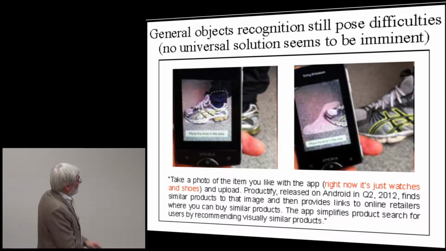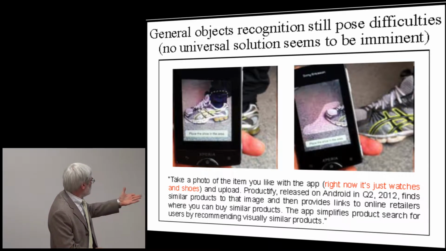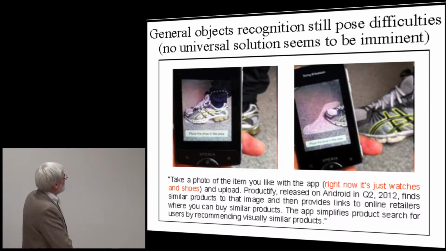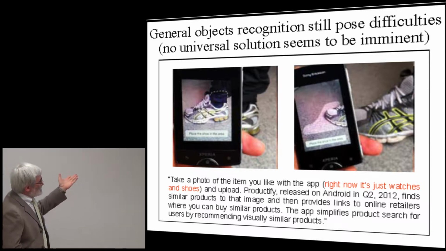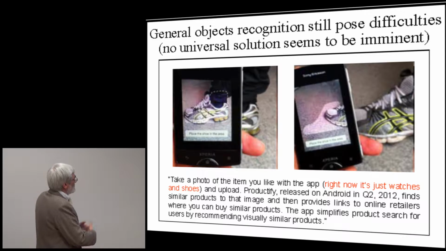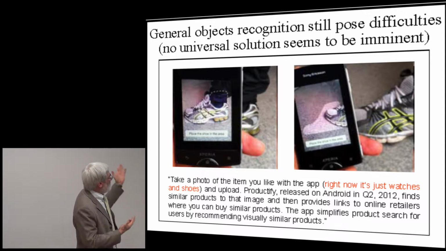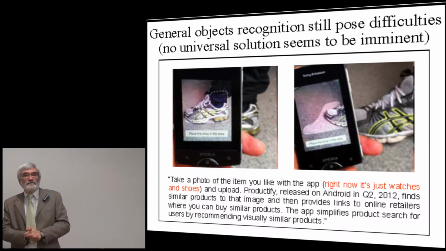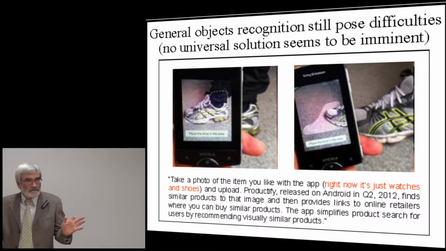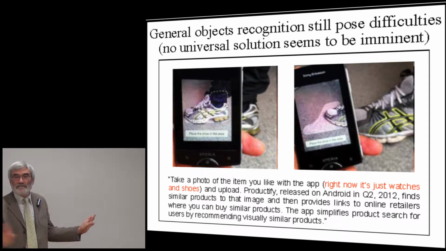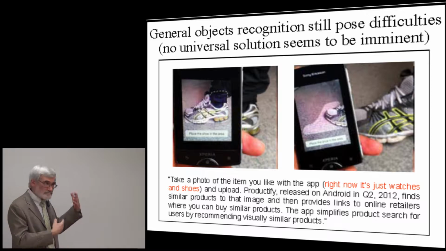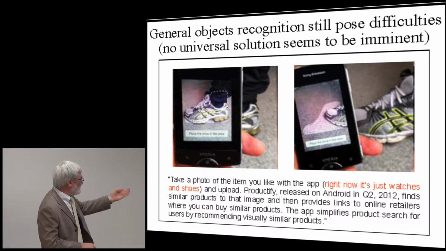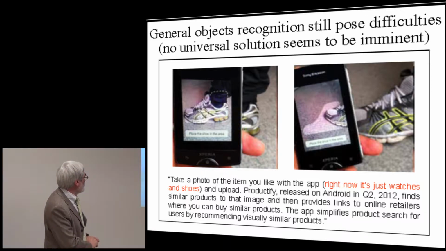So one company, this is just an example, like maybe 2 years ago, they launched this application and they claimed that, yes, they start with shoes and jewelry, but then everything will work like a snap, and nothing worked, and they are out of business. They didn't keep their promises.